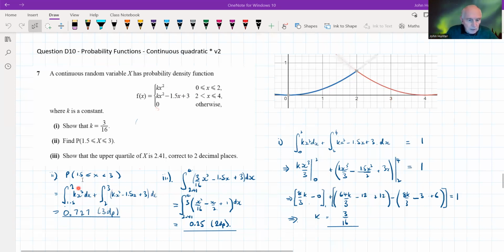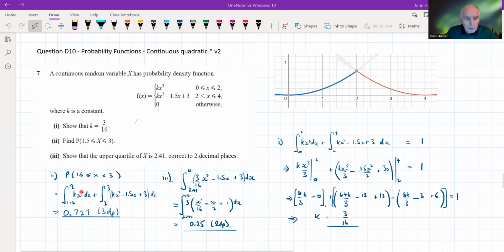So in terms of the integral, then this is it. We're integrating kx squared. I mean, we know k is 3/16, but I've just left it like that for the moment. Kx squared between 1.5 and 2. And we're integrating kx squared minus 1.5x plus 3 between 2 and 3.